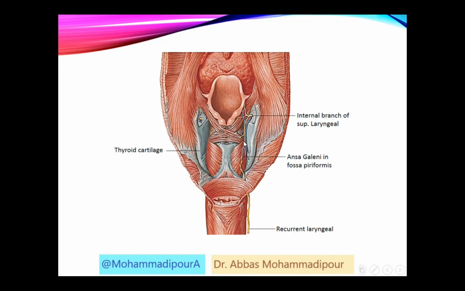And this anastomosis is called ansa galeni. Ansa galeni is an anastomosis between the internal branch of the superior laryngeal nerve with the recurrent laryngeal nerve.